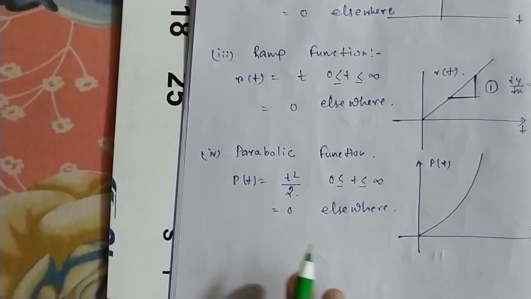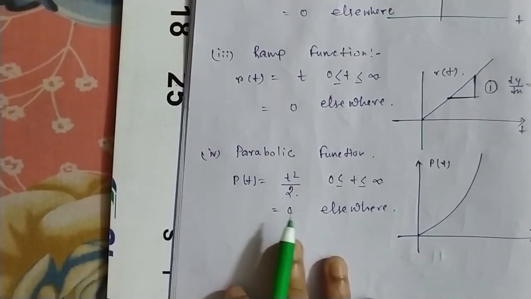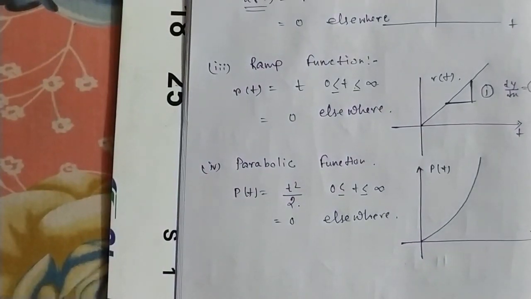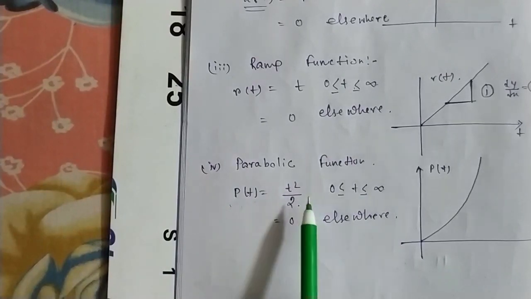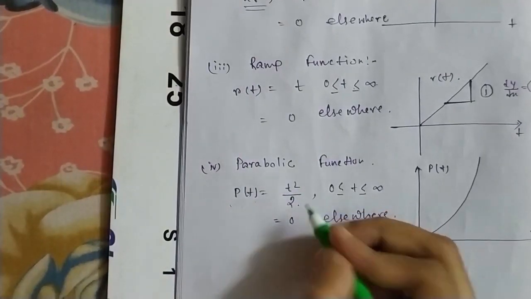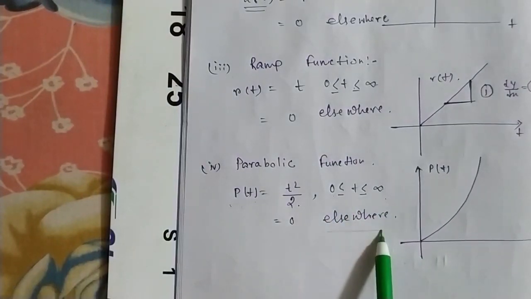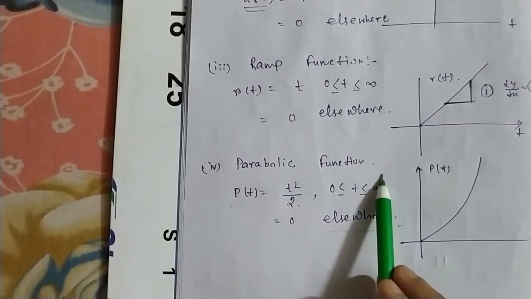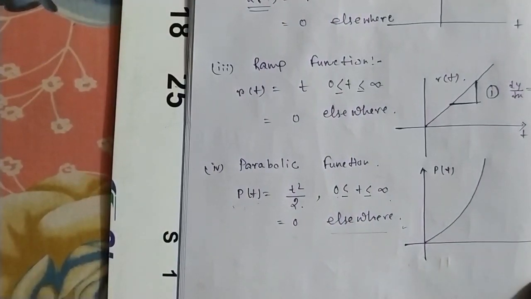Sorry, I guess you have not been able to see the writing because of the camera, but don't worry. That means outside t equal to 0 to infinity, the function value is 0. This is known as our parabolic function.